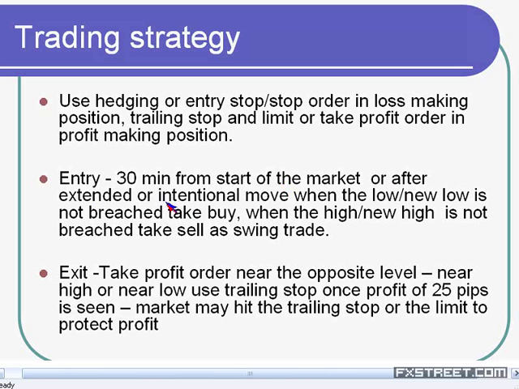So after the extended move or intentional move, when the new low or new high is not being breached, in this case we identify it as an extended move, then after 2 hours you try to take a sell near the high when the new high has not been breached in the last 30 minutes of your observation in the 2 hours time frame.